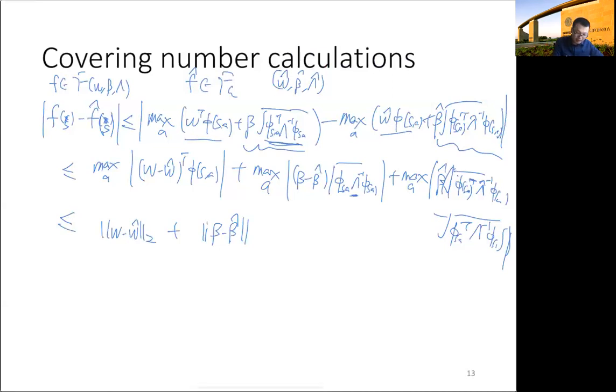Actually, this beta is a scalar, so I can use absolute value rather than the norm, divided by square root of lambda. Without loss of generality, let's assume the feature vector phi SA has norm smaller than 1. I think you actually don't need it if phi SA is part of the data set. Otherwise you do.